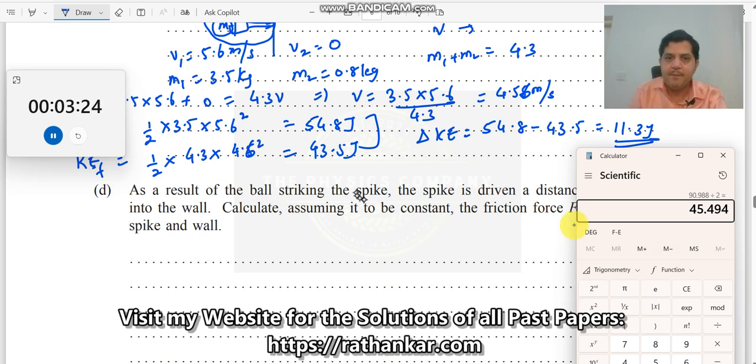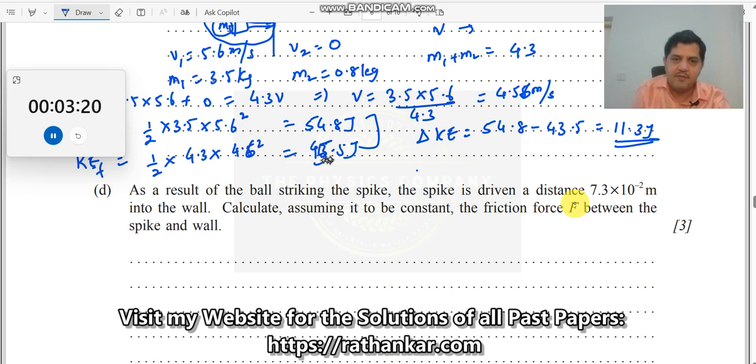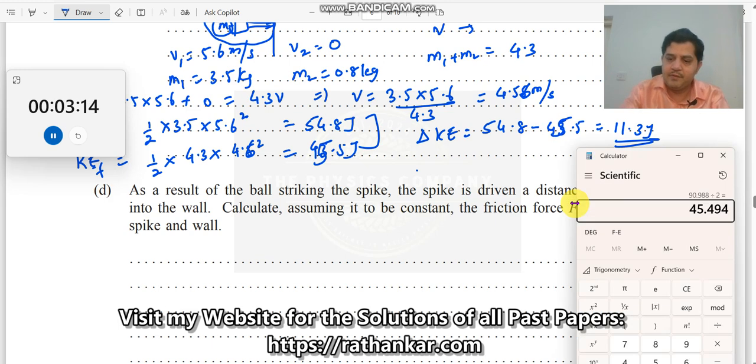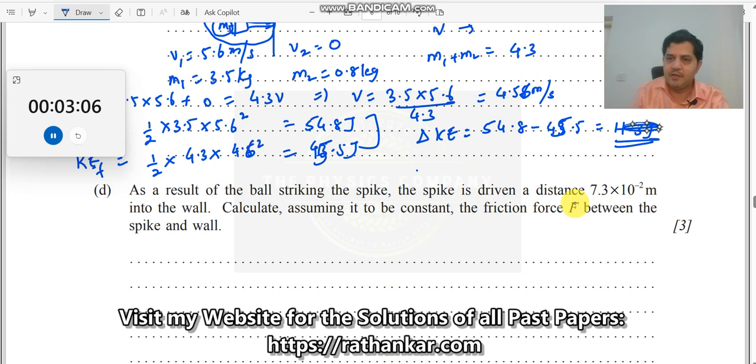So 54.8 minus 45.5 will give me around 9.3 joules. Thus the answer is close to 10 joules.